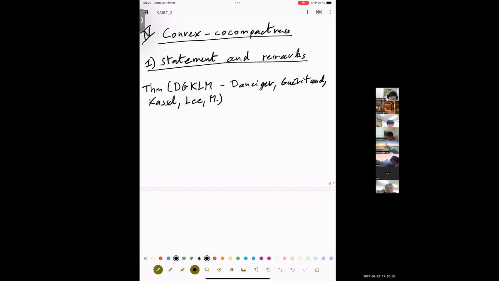Okay, so I don't give the finest version, I give the main interesting core, and it slightly simplifies the statement. So I take a representation of a Coxeter group as a reflection group.